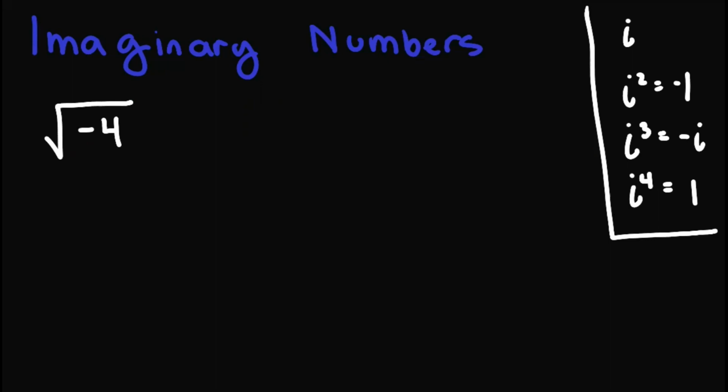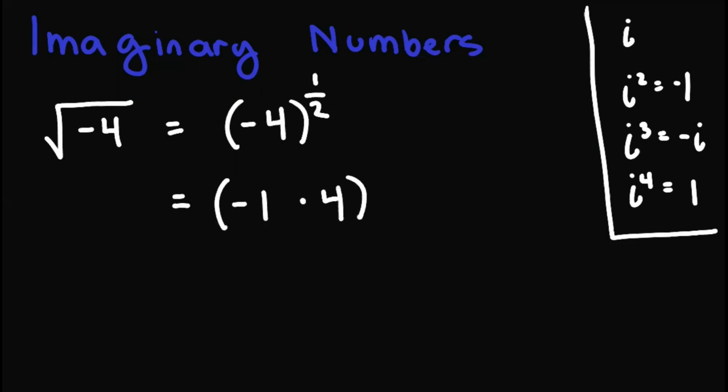So to solve this one, note that we can write this one as -4 raised to 1/2, and this one is equal to -1 times 4 raised to 1/2.